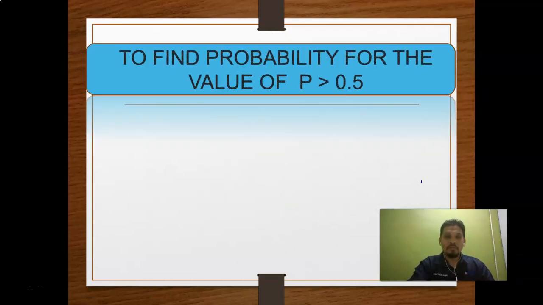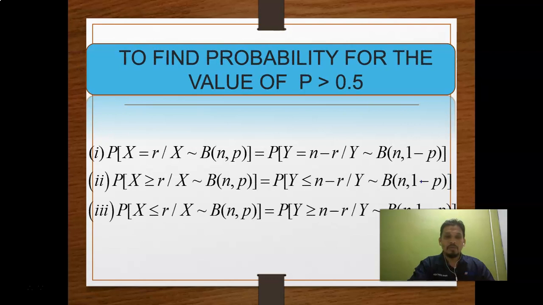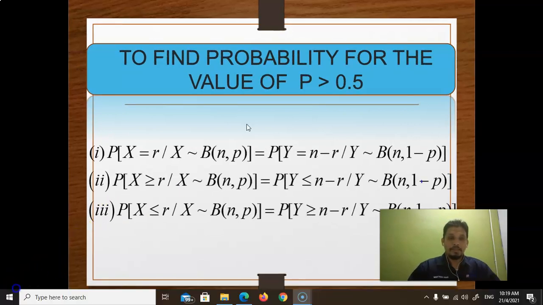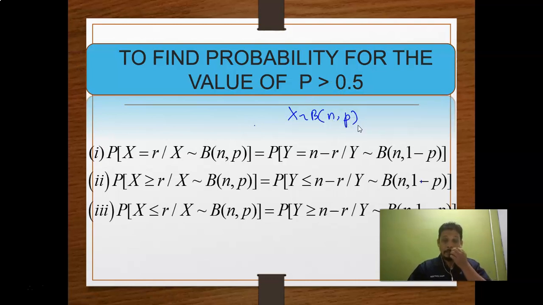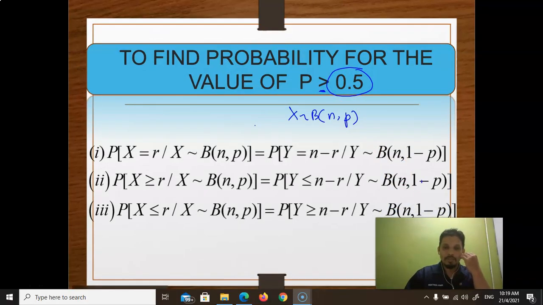To find the probability for a value of p greater than 0.5, in this case x is binomially distributed with n and p. When the value of p itself is greater than 0.5, there will be some changes and we need to make some adjustment.